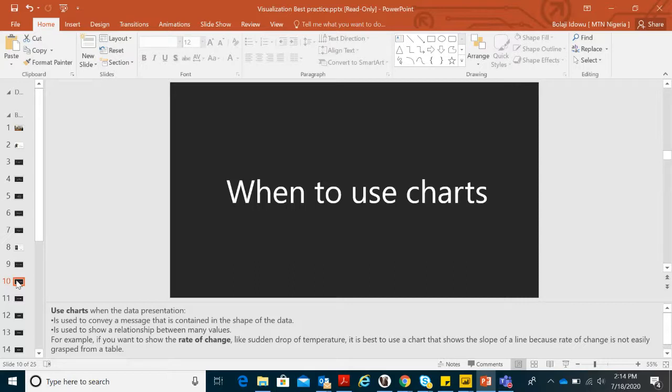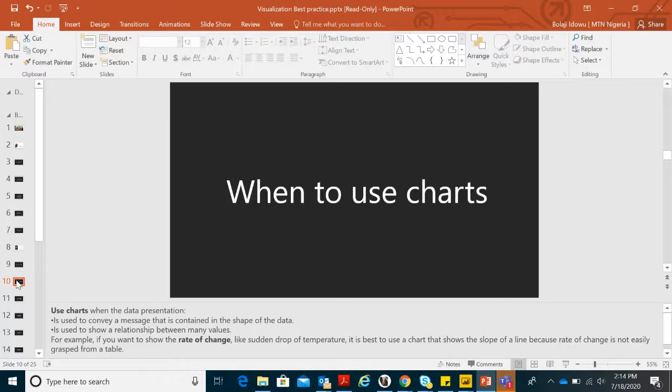It helps you to show relationship between many values, like how a particular data and some other variables change. If you're having multiple variables, not like a table where you want to show A or B, your chart comes into use.